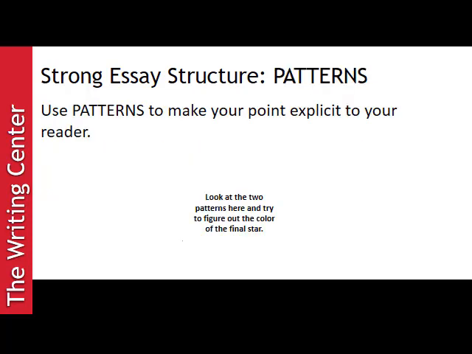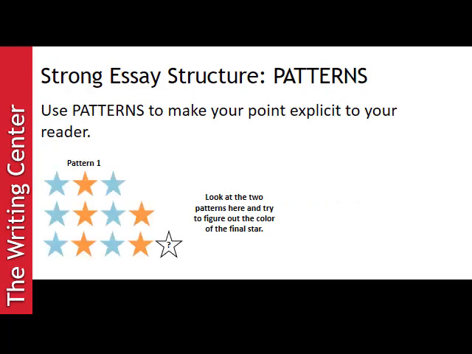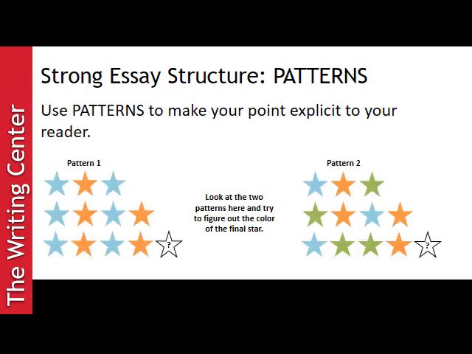All right, the last thing here is patterns. This is something I don't think students usually think about. So let's look at, we have 2 patterns here. Let's try to figure out what the last star would be in terms of color. So what would the color of this star be? What would the color of this star be? I'll give you a couple seconds to try to figure it out.